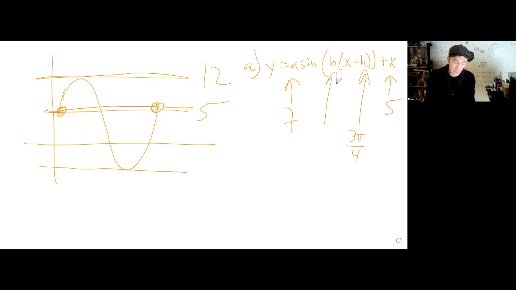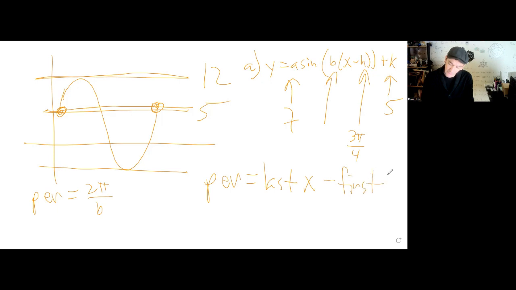So to find b, recall you have period. Period equals 2 pi over b. But recall, another way to define period is to look at the last x-coordinate minus the first x-coordinate. And we have that.